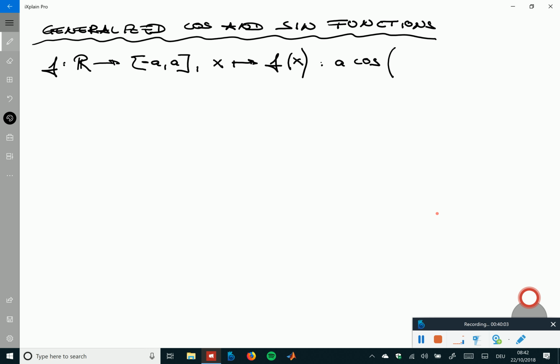And as input, it's not x only, but it's 2 pi omega x minus phi.